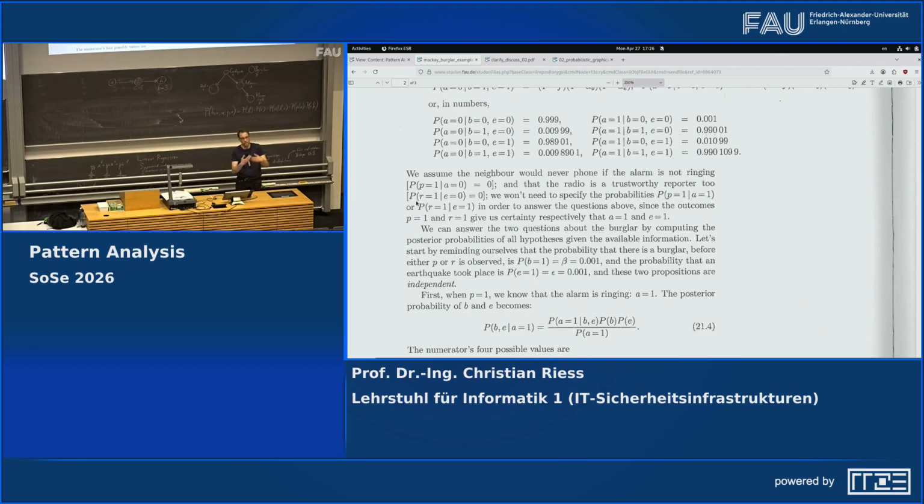So also the radio is perfectly reliable, so no false alarms there. We won't need to specify the probabilities in order to answer the questions above, since the outcome phone call or radio gives us perfect certainty about the fact whether an earthquake happened or the alarm went off.